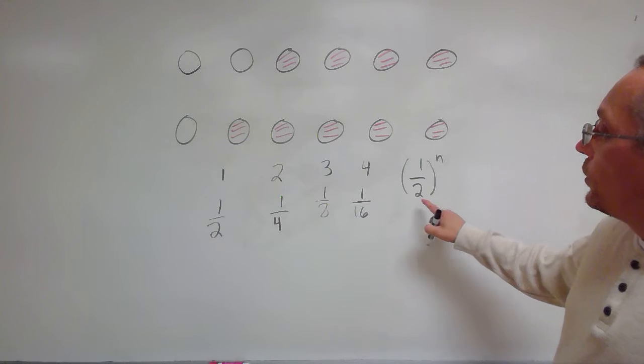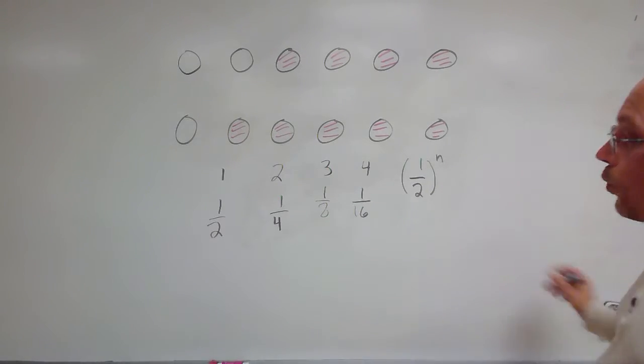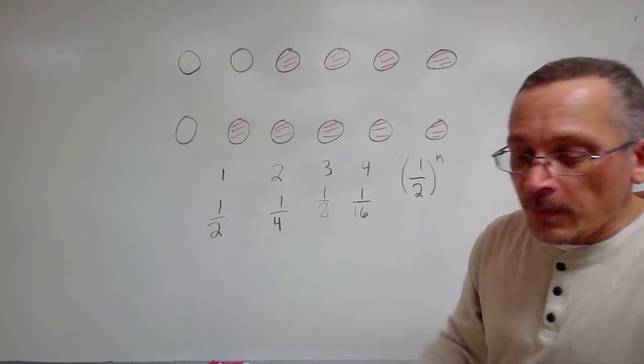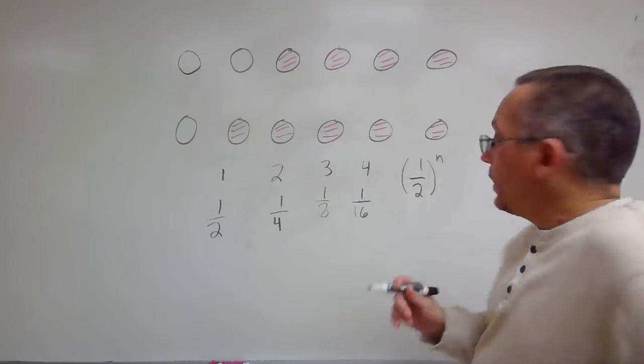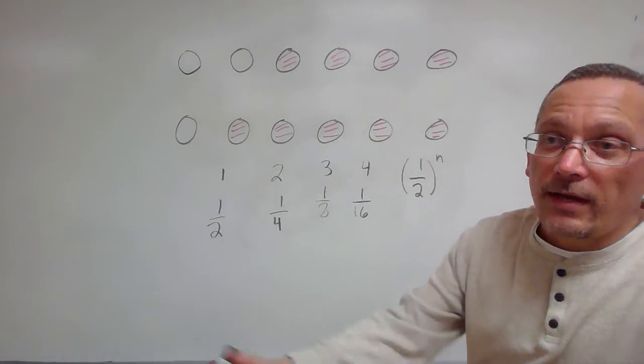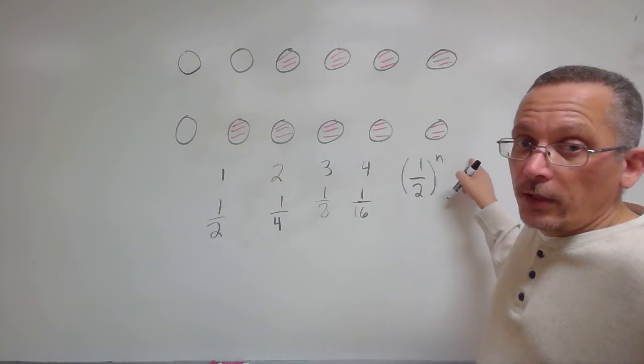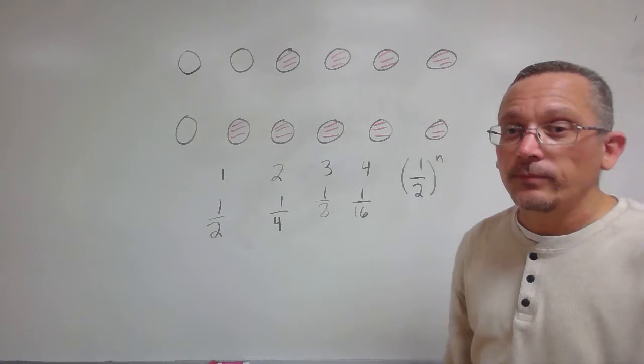Okay, so 1/2 to the however many half-lives power. So if you want to know what fraction would be left after 100 half-lives, do 1/2 to the 100th power. It's that simple, right?